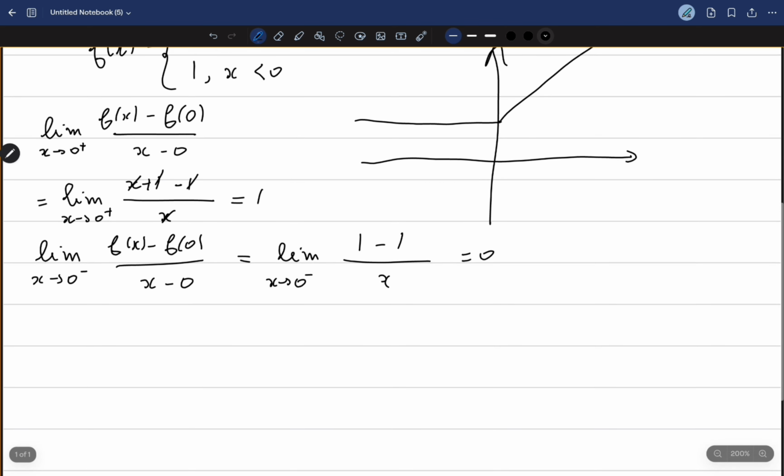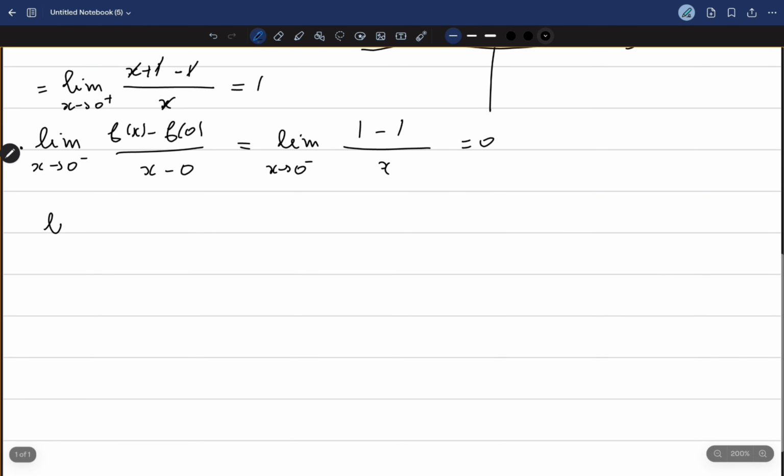Okay? So the right limit is different from the left limit.